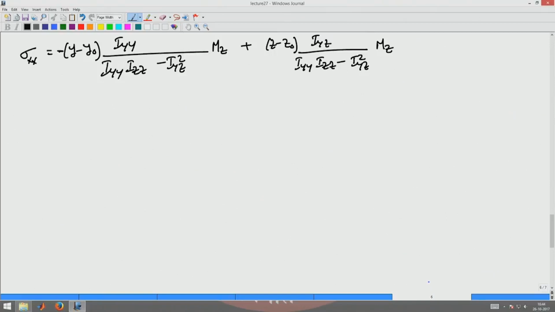We got the expression for MZ. So you know how the axial stress will vary along the axis of the beam, and there is a variation in the cross section of the beam.